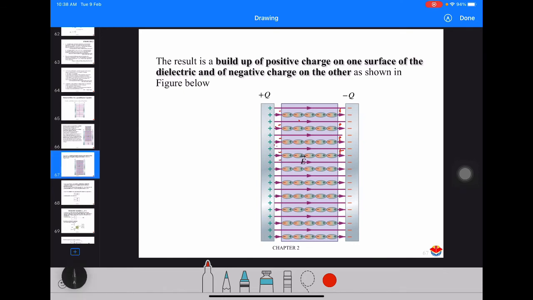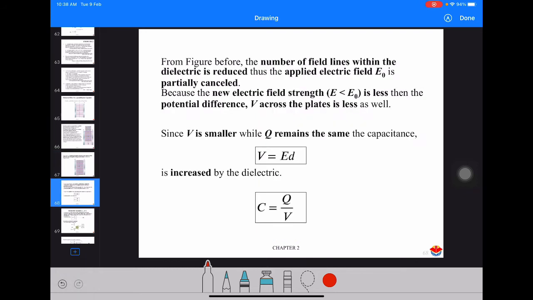So the electric field is decreasing; it is partially cancelled or reduced. The electric field strength is less than the initial electric field strength.